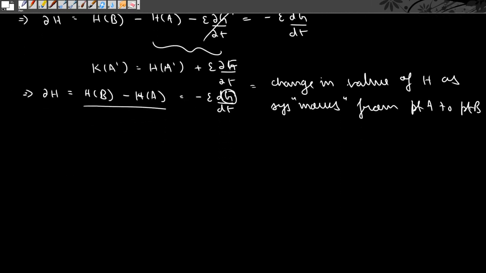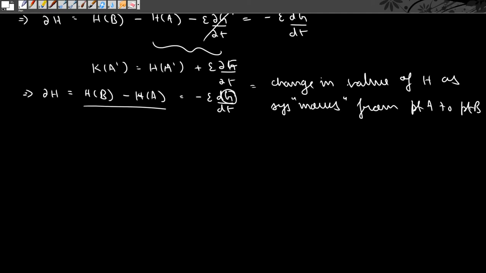Okay, and we are examining what happens if the system is taken from this point to some other point via this particular canonical transformation, and this need not necessarily be according to the equations of motion. We are just examining.